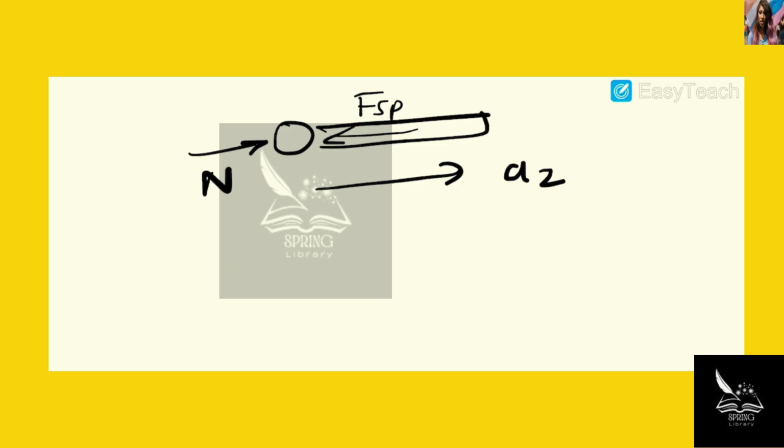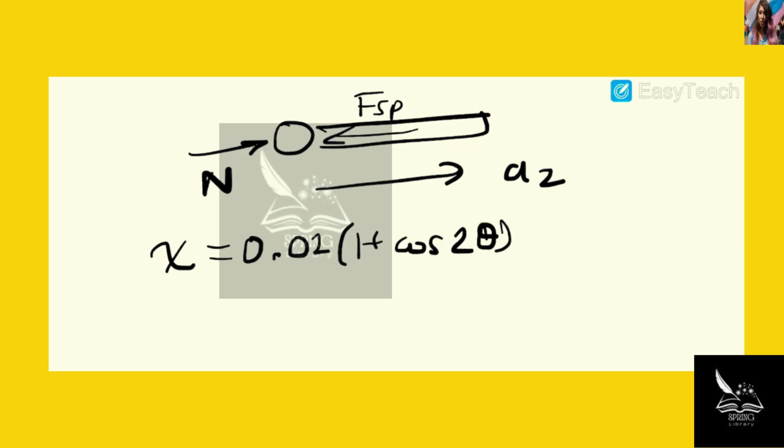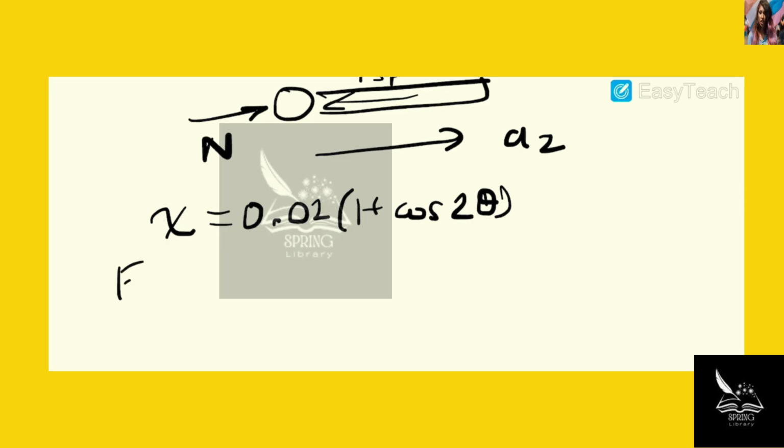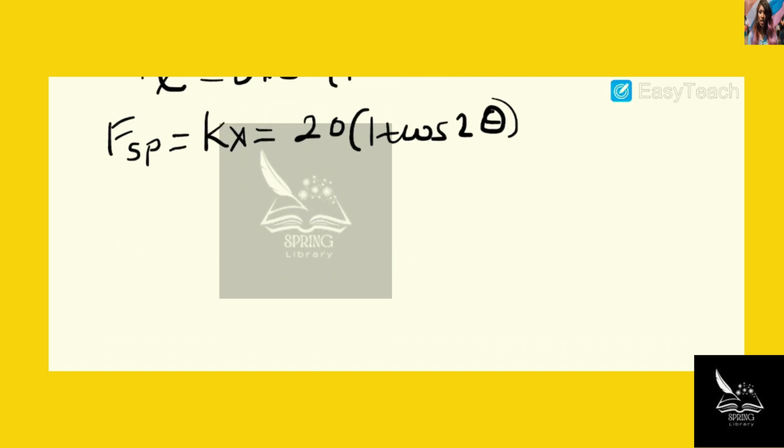So just by this free body diagram, we can see that for any arbitrary theta, the spring will compress a distance x, and that's given by 0.02 times 1 plus cos 2 theta. So our F_sp, which is equal to kx, is going to be equal to 20 times 1 plus cosine 2 theta, because we know k is 1,000 newtons per meter.